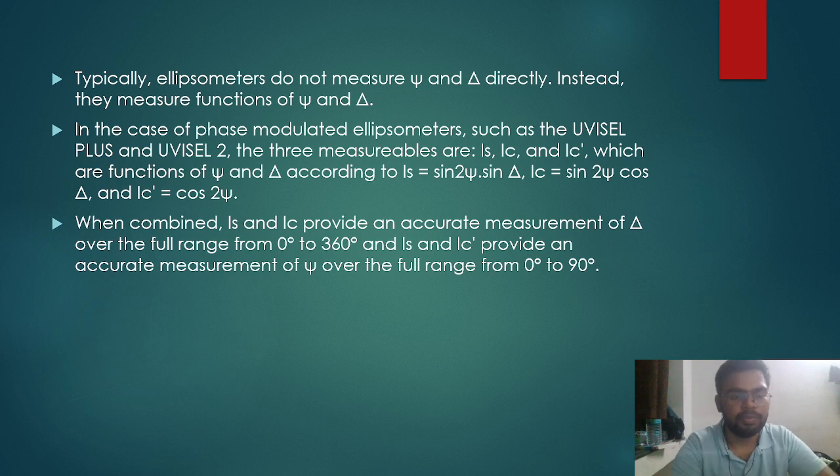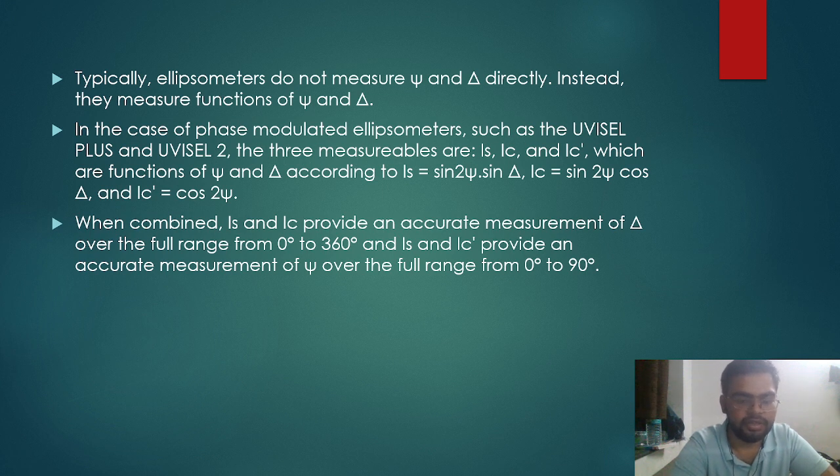But here the problem is that the ellipsometers usually do not tell us directly the value of psi and delta. Instead, they tell us various functions of delta and psi, namely measurable quantities Is, Ic, and Ic dash, in which Is equals sine 2 psi and sine delta, Ic equals sine 2 psi and cos delta, and Ic dash is cos 2 psi.